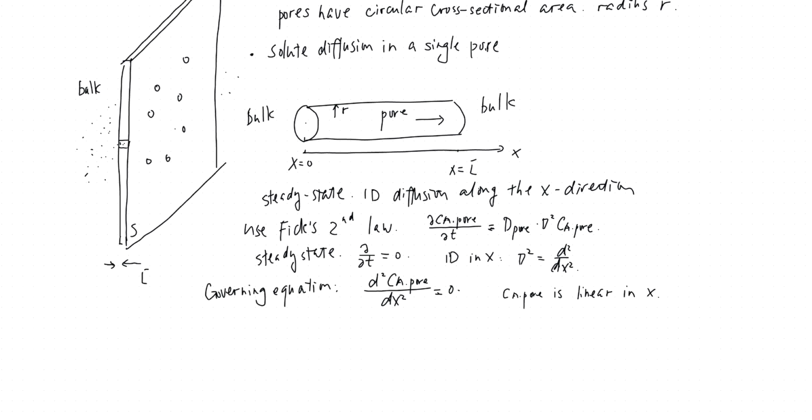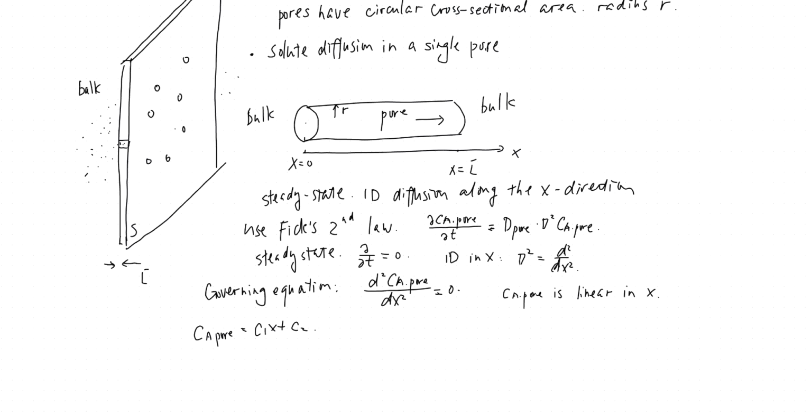Since it's linear in x, a linear function has constants to fix. So basically you know that CA in the pore equals C1 x plus C2, and C1 and C2 are determined by boundary conditions.